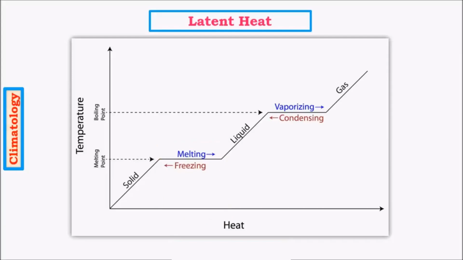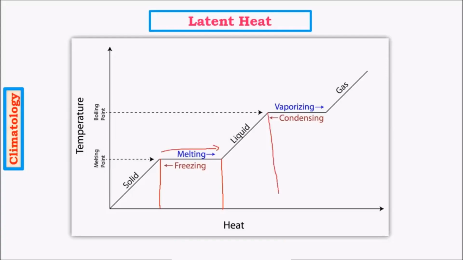For example, here the change is from solid to liquid, and this change occurs during this temperature range. This range, where there is no increase in temperature but only a phase change, is usually called latent heat of freezing or melting. For this example, it is called latent heat of fusion, where solid is converted into liquid.